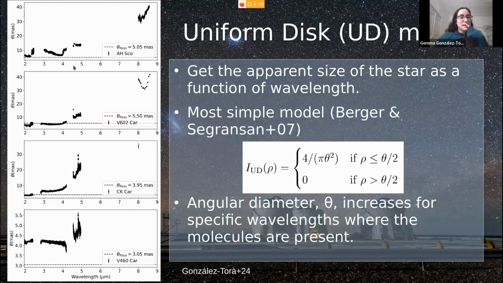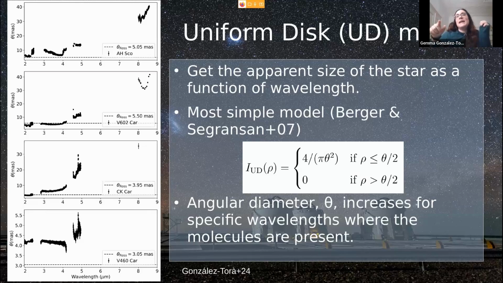And then we see, this is the case for the different data of some red supergiants that we obtained. Essentially, we have the best fit angular diameter depending on the wavelength that we're observing. So you see that it's not the same all the time, the angular diameter changes.